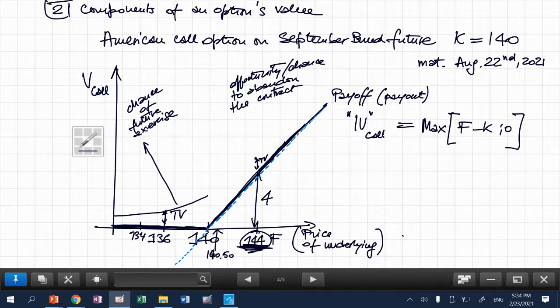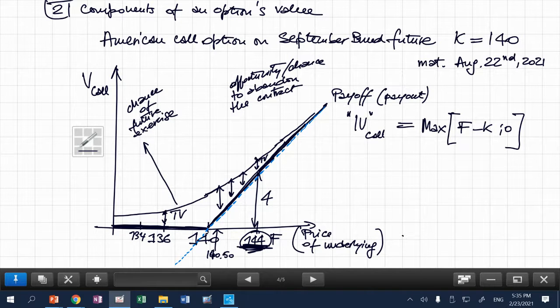This is why intuitively what you should have here on the right-hand side is a situation in which the time value component decreases as the price moves up. And so you must have a curve that for very high prices of the underlying must at the end coincide with the payoff line.